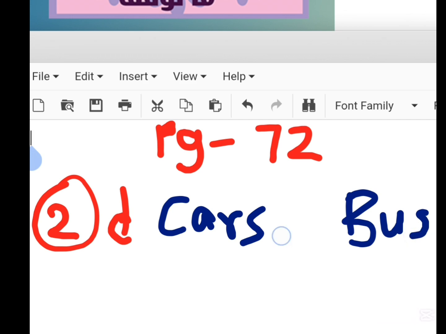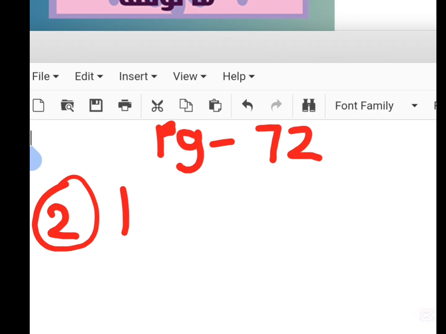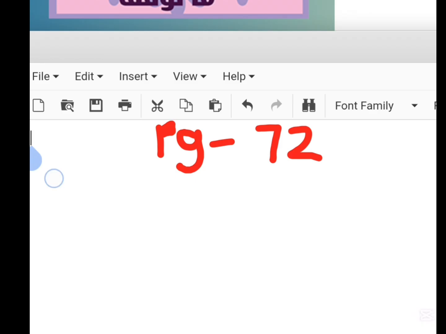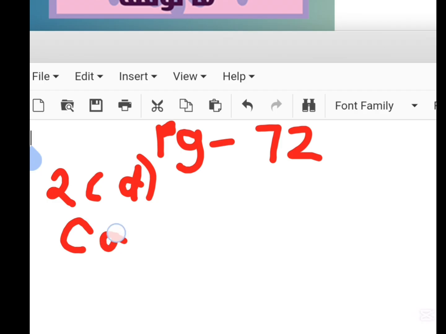If there are 3 cars, for example, and there are 2 buses, for example, question 2 part D. Okay. All right. Now, cars and bus.